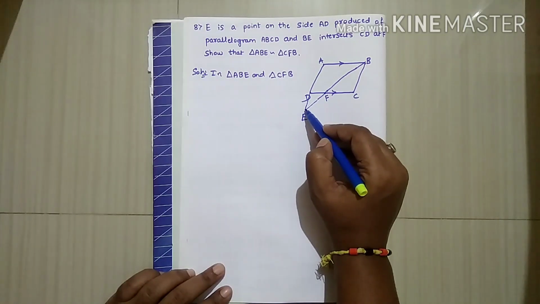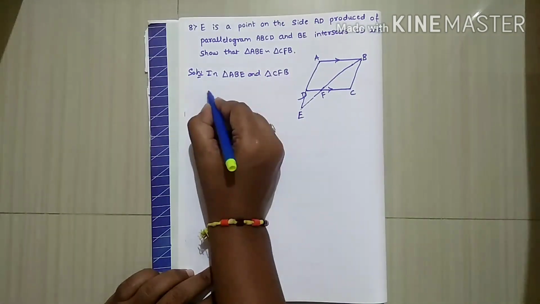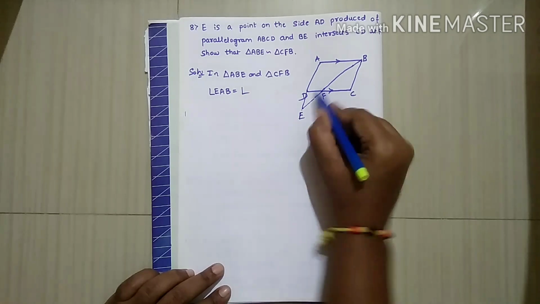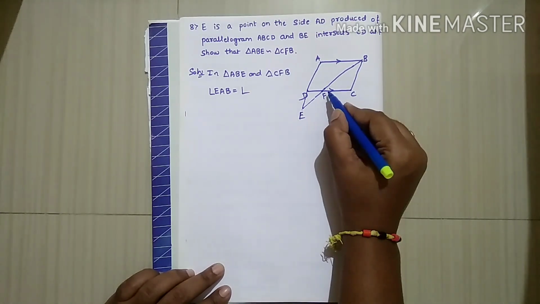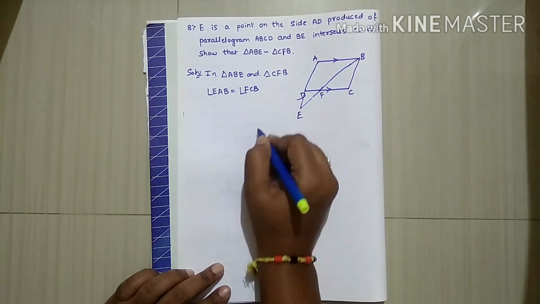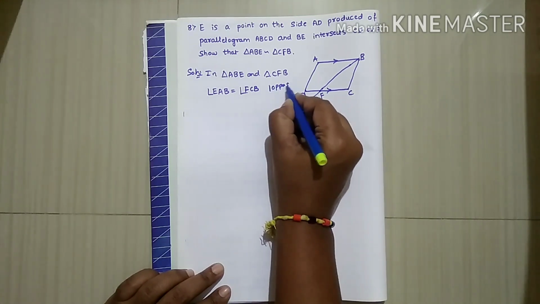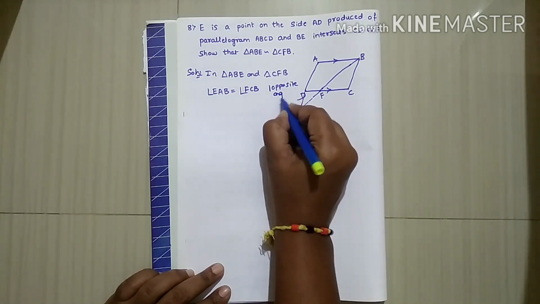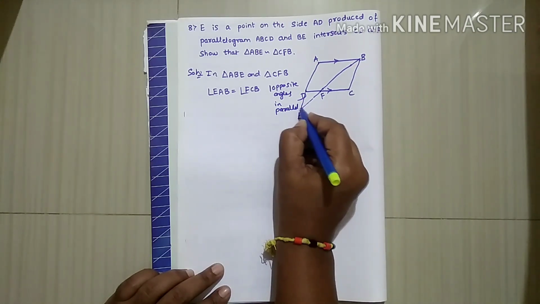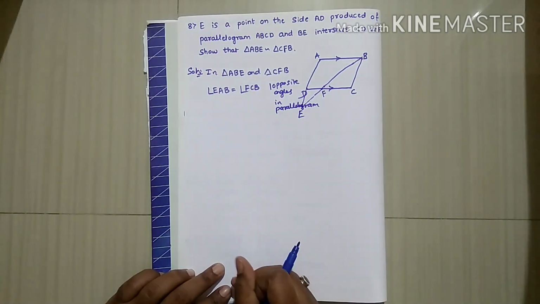So in triangle ABE, we can write angle EAB is equal to, in triangle CFB, angle FCB. What is the reason for this? Why are these two angles equal? Opposite angles in a parallelogram. You have to write the reason for this. So one angle we got.